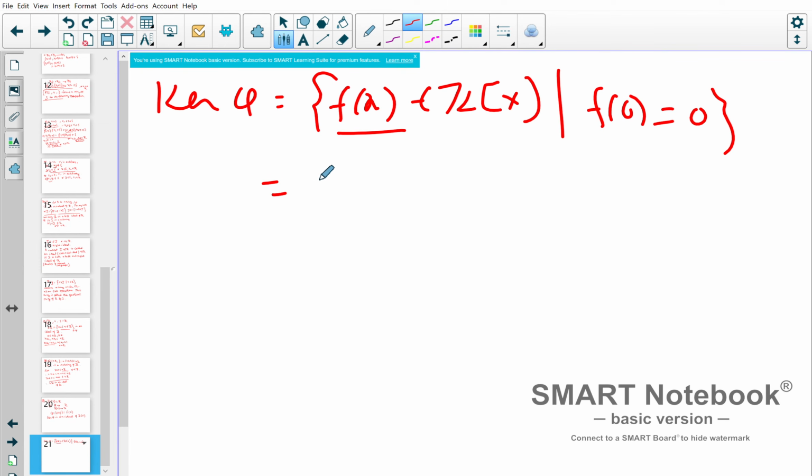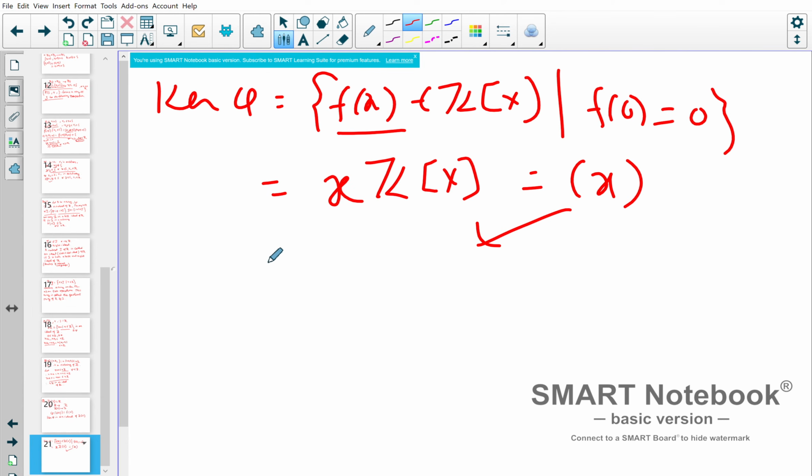So this is nothing but x times any polynomial, you take any polynomial and multiply by x, right? And this kind of ideal we denote by a special symbol. We say that this is the ideal generated by x.